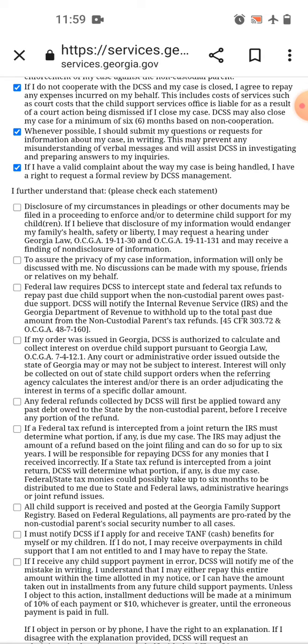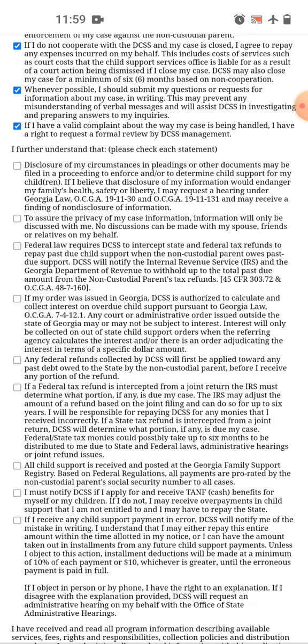If I believe that disclosure of my information would endanger my child's health, safety, or liberty, I may request a hearing under Georgia law, and may receive a finding of non-disclosure of information. Okay. That's if they feel danger.